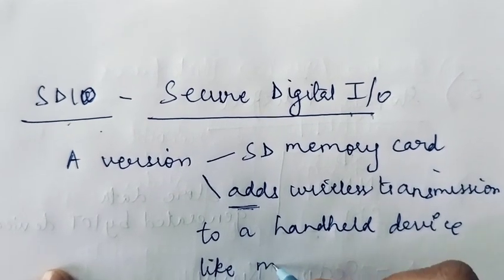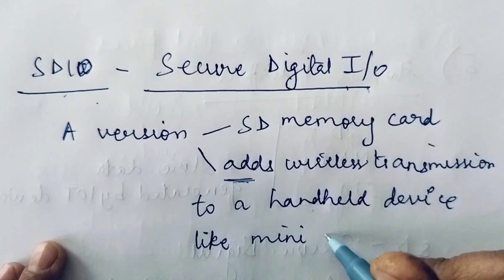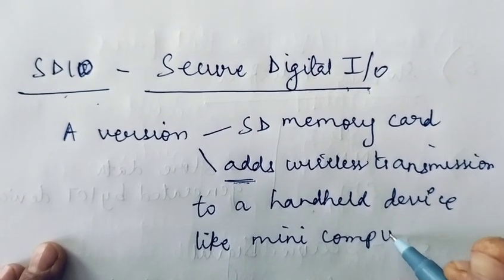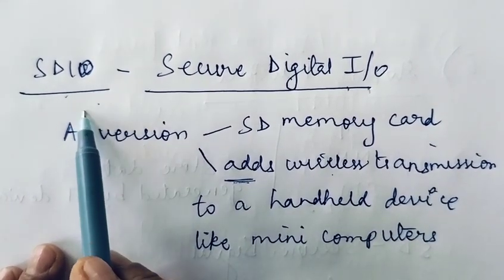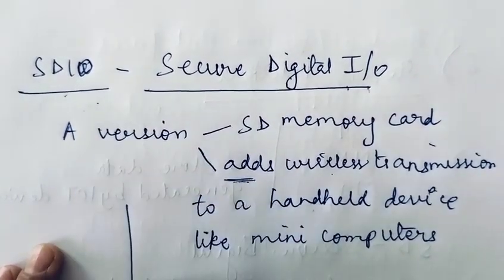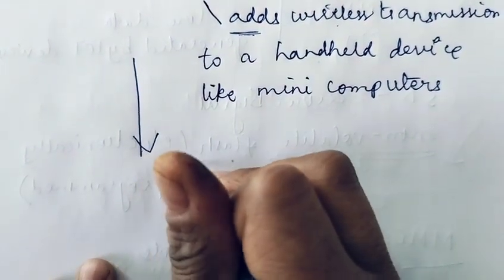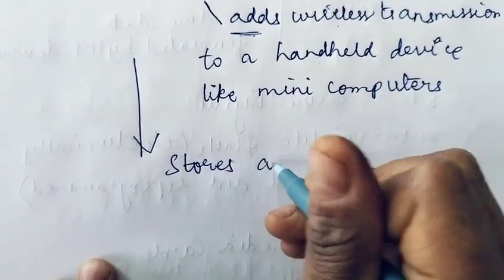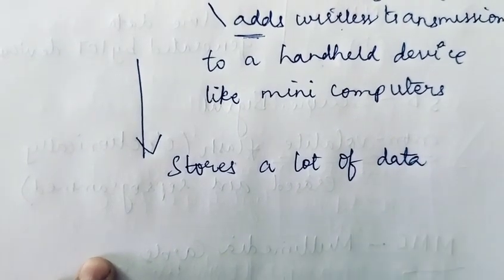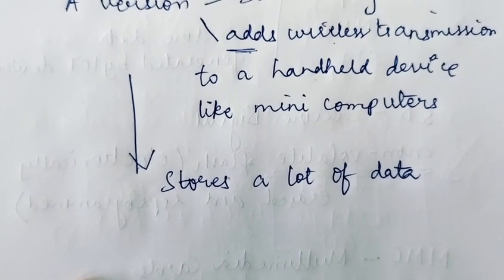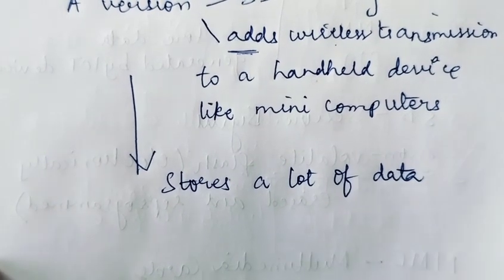Like your mini computers, palm tops. So all these devices can provide wireless transmission using your SDIO cards. Hence, this way it stores a lot of data, right? So the SDIO cards, the MMC cards and the SD cards are all used to provide your storage interfaces.